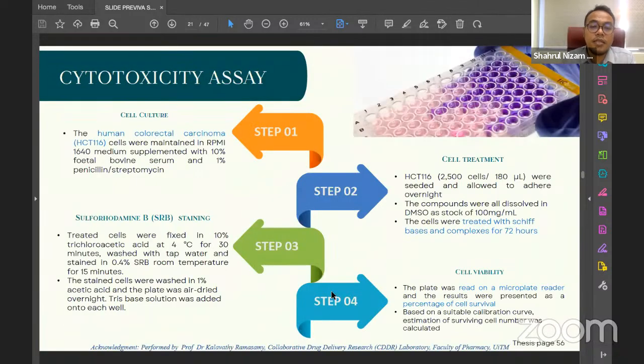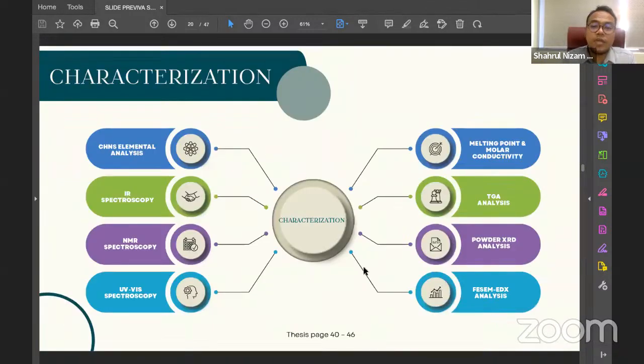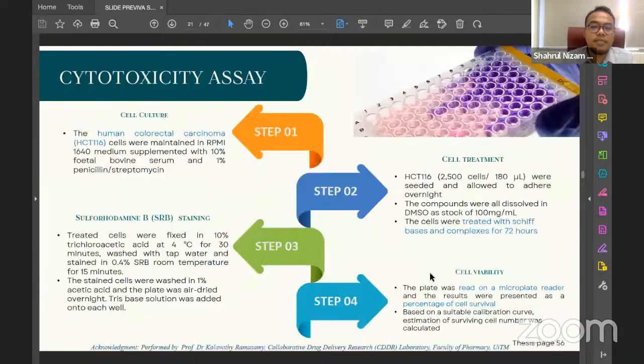Okay. So characterization, we can have many, as I said earlier. For cytotoxicity assay, when we are studying this, when we are screening our complexes against colon cancer cell line, we have few steps taking place. The first one is called cell culture, followed by cell treatment.